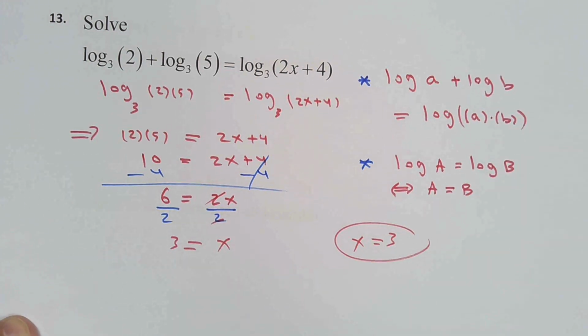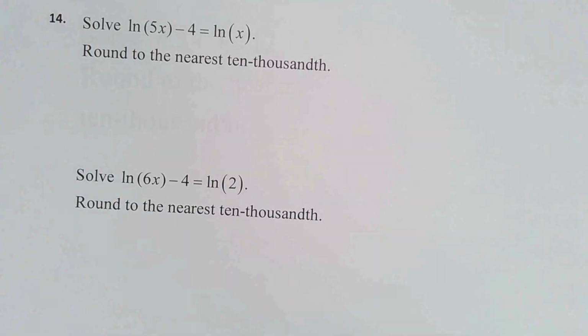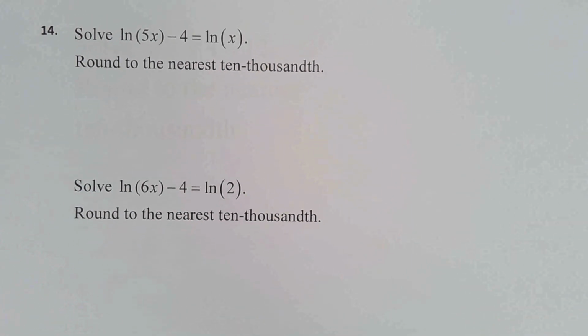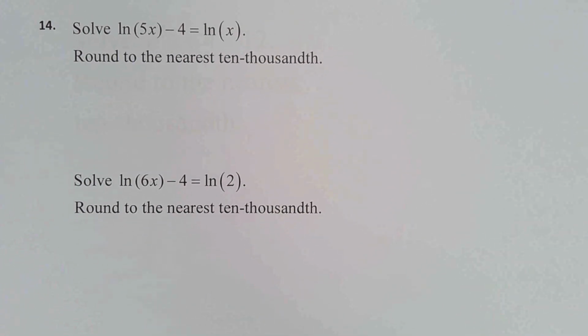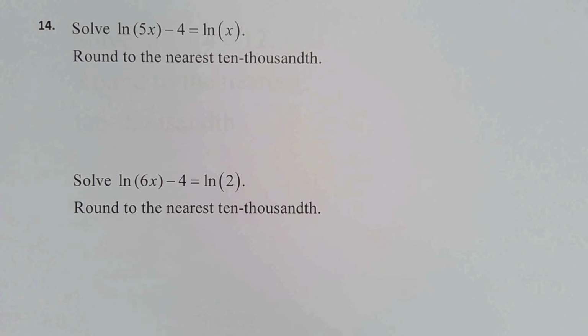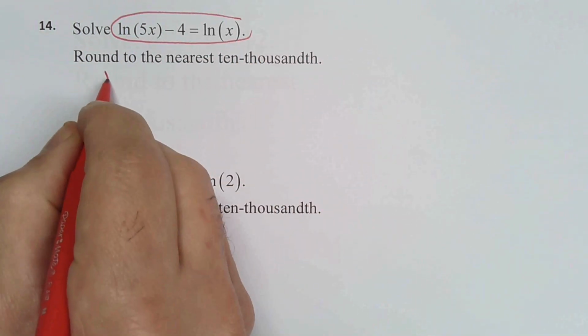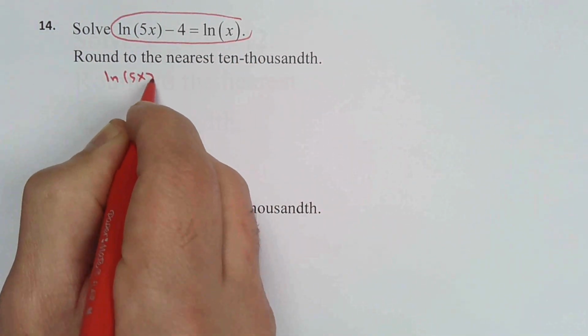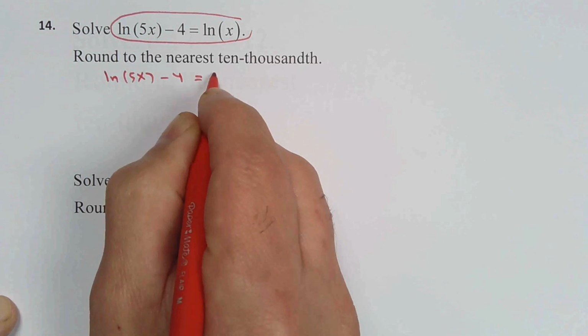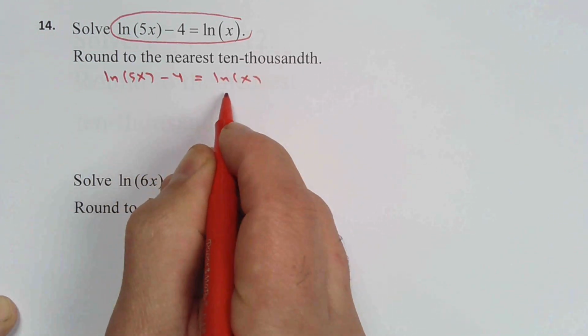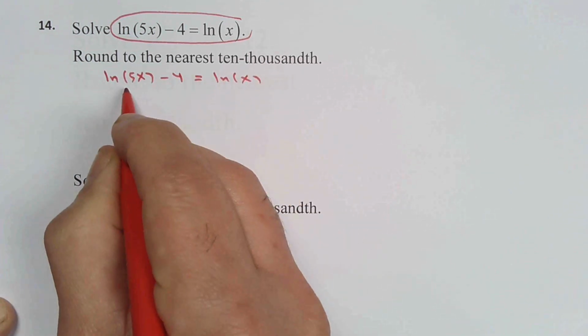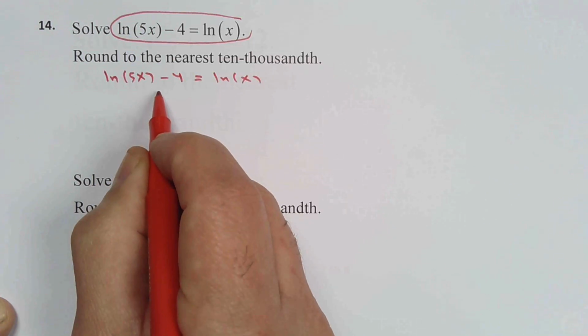Number 14, I have two parts or two examples for number 14. You'll see the reason in just a second. Solving the following, we have ln 5x minus 4 equals ln x. If I subtract ln x from both sides to move the ln's to one side, it's going to show up here with minus.